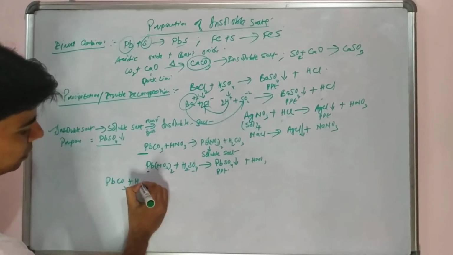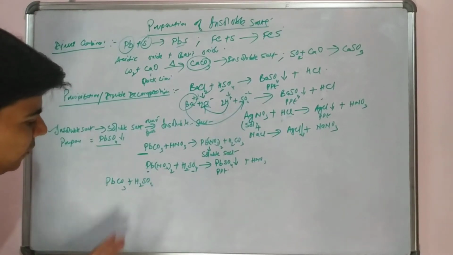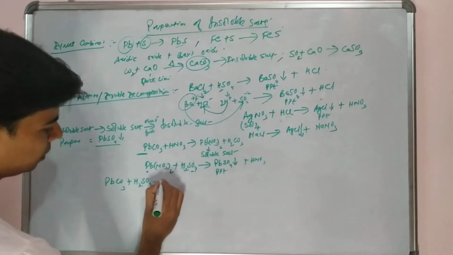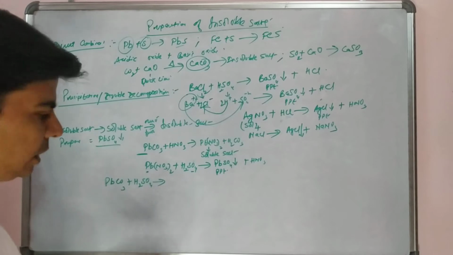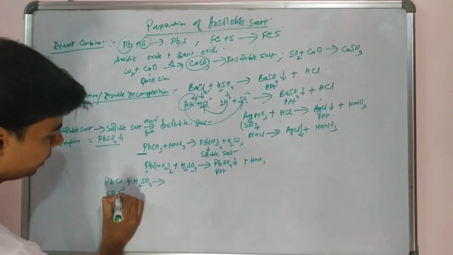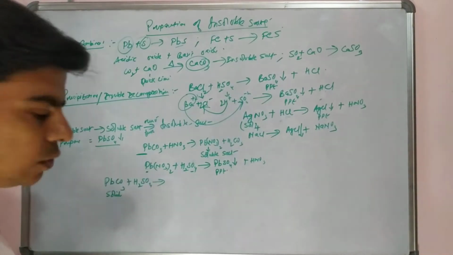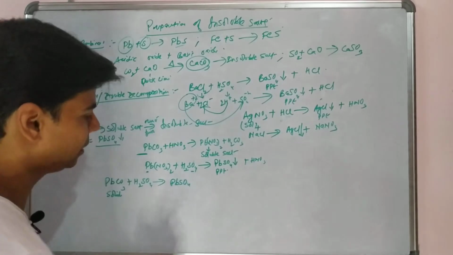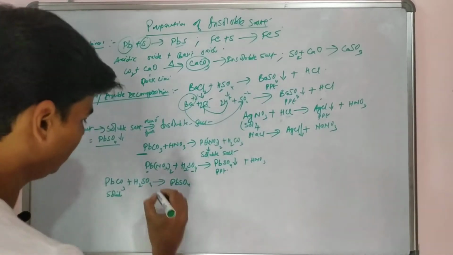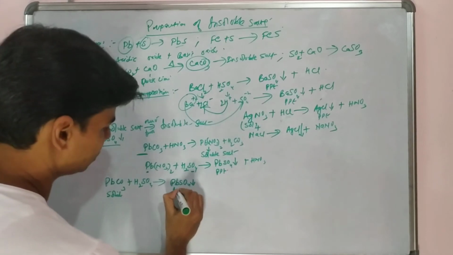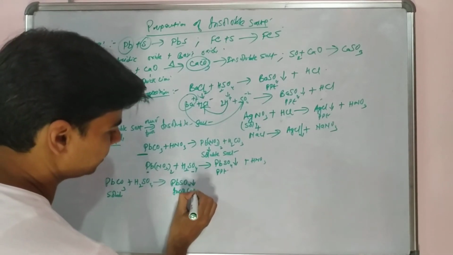PbCO3 plus H2SO4. If we mix sulfuric acid and lead carbonate, this is an insoluble salt, which means it would be a solid. When you add sulfuric acid to the solid, it will form lead sulfate, which we know again is an insoluble salt, a solid.